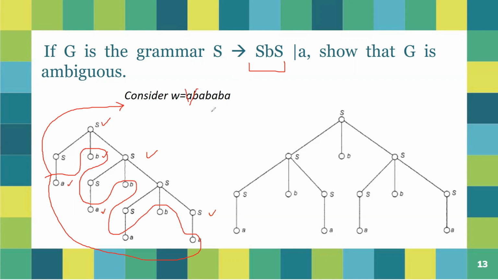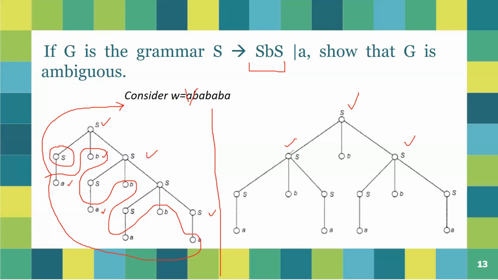Now we are going to design another parse tree, right? Because there is only one production rule to expand this S, we have to start with S to SBS. But here in place of S, I wrote A, meaning S is terminated by A. But here we have to design a different parse tree.